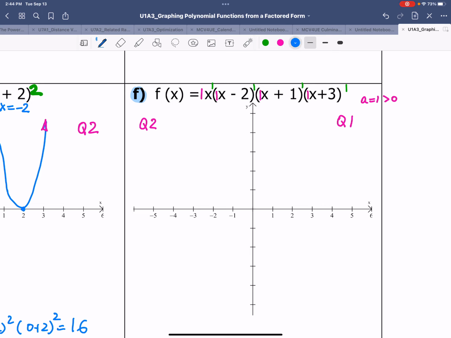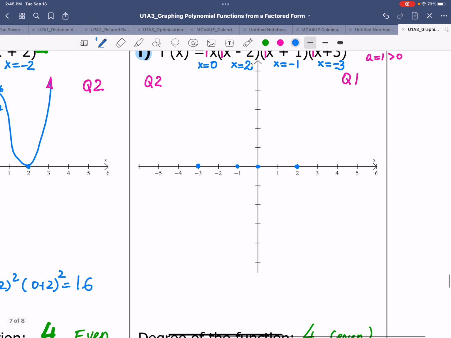Next, we have to list the zeros. Remember, we have a factor of x that can give a 0 at x equals 0. A factor of x minus 2, so that will give an x-intercept at 2. Next, an x-intercept at negative 1 and another one at negative 3. And since we're at it, we're going to plant the zeros on the x-axis. So we have 2 here, we have negative 1, and then we have negative 3.